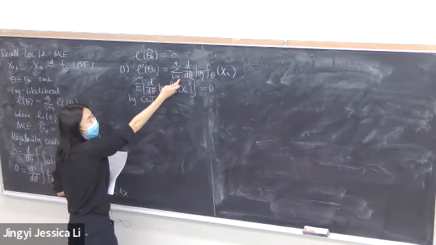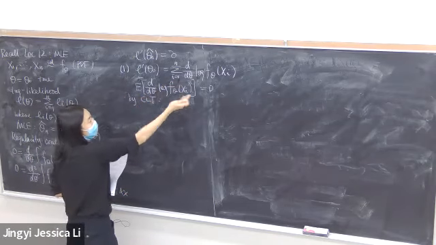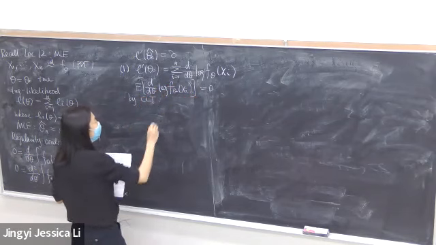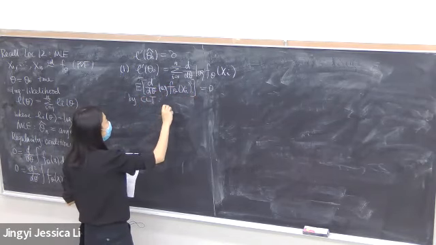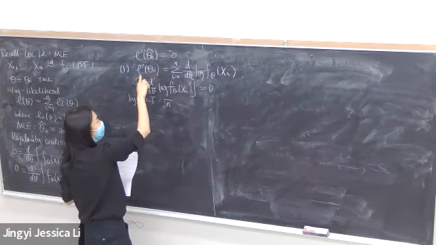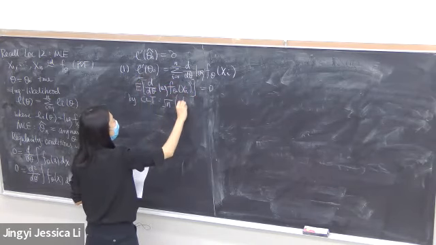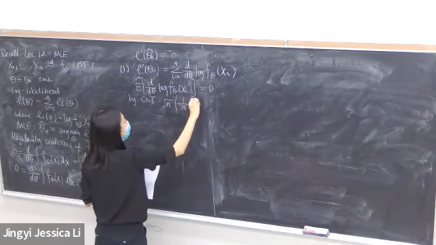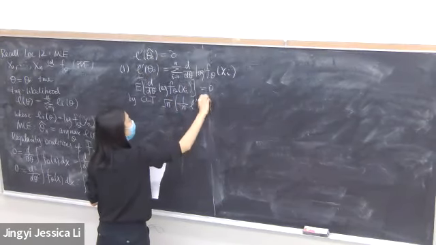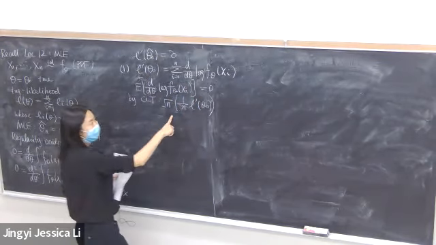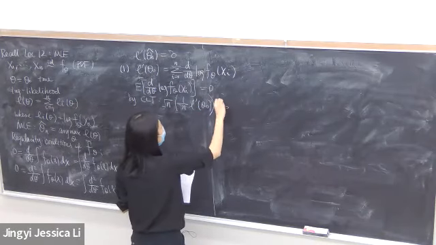Divide this by n and it becomes an average and its mean is 0. So we would have root n times the average of this, that is 1 over root n times the sum, will converge in law.